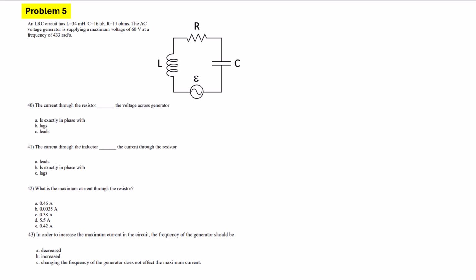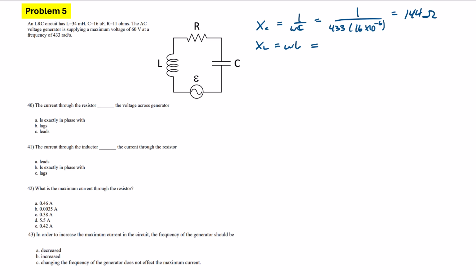One thing I would do to determine this is calculate the reactance values for the capacitor and also for the inductor. If we substitute our numbers, we get 433 for omega, and the capacitor was 16 microfarads. That gives me a reactance for that capacitor of 144 ohms.